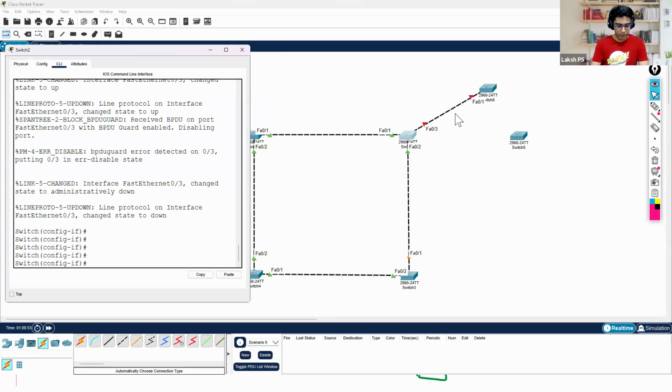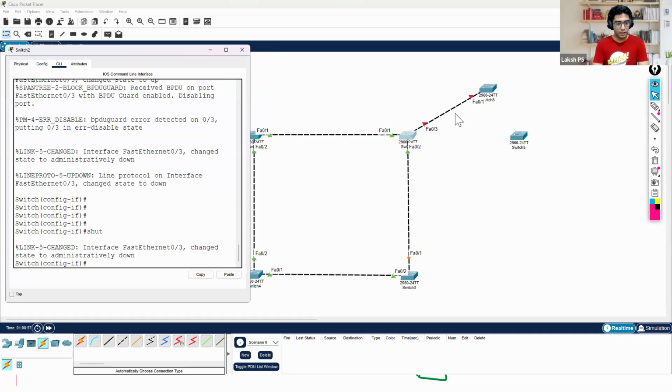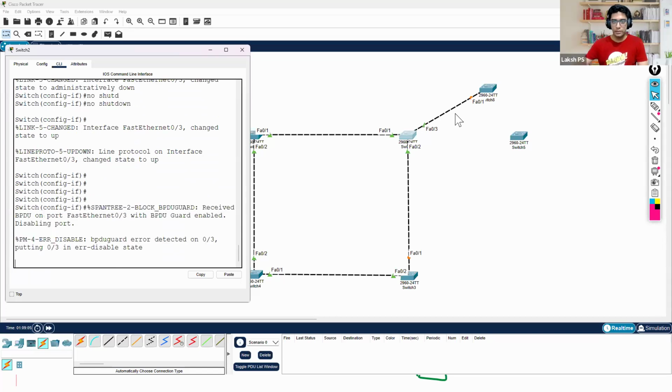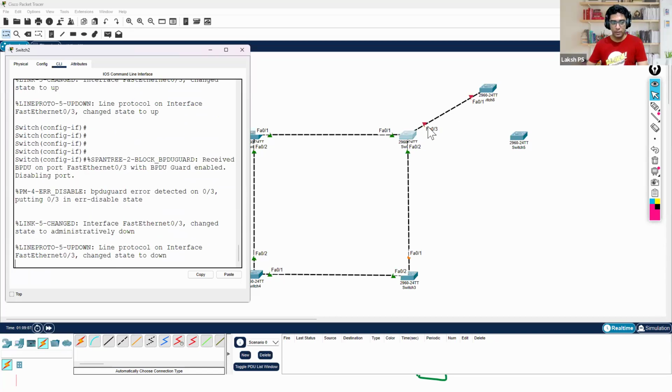I think we are on 0/3 only, so I'll do a shutdown. Okay, administratively down, and then I will do a no shutdown. You will see it briefly went up, but then again it went down.